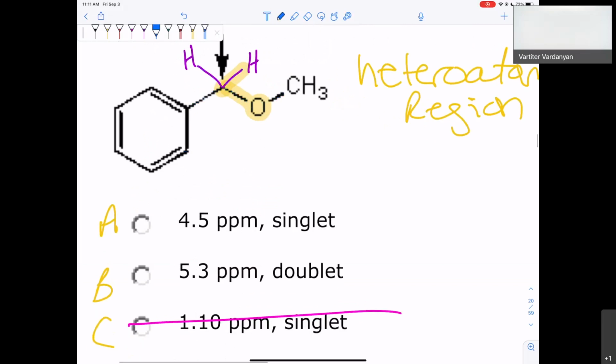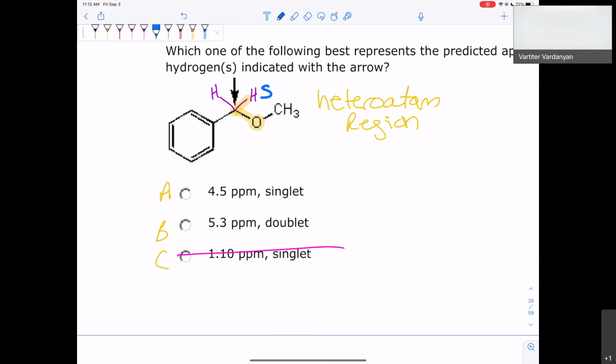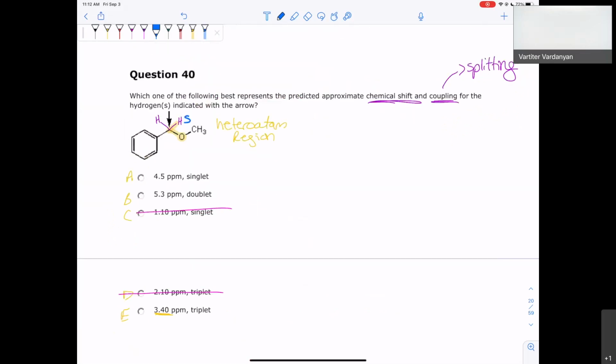So it would be a singlet. But that makes you run into a problem because now you have those conflicting things. So test taking skills: what would you pick? A, because you know for sure it's a singlet.